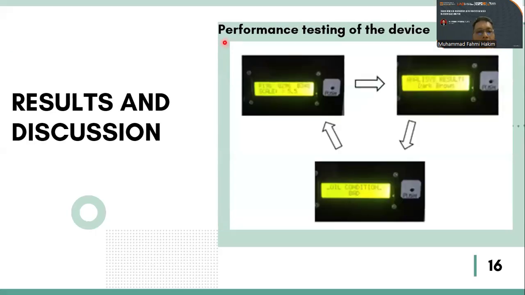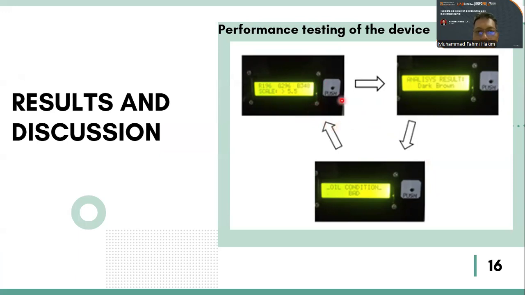And then for the performance testing of the device, the figure shows that the system can detect the color scale with the detection results displayed on the LCD. The figure here displays the RGB value of the transformer oil color detection result tested by the color sensor.